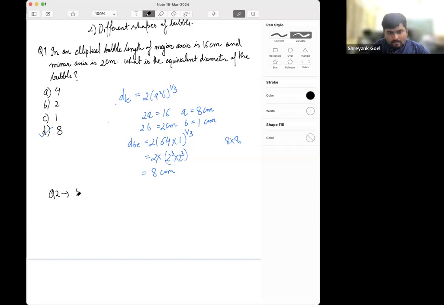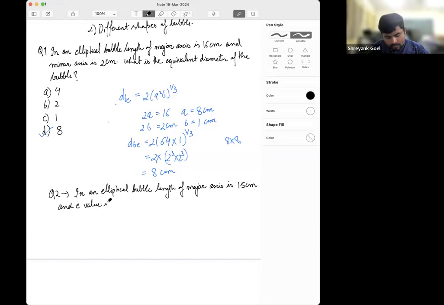Okay. The next question is: in an elliptical bubble, the length of the major axis is 1.5 centimeter and the E value is 0.6.